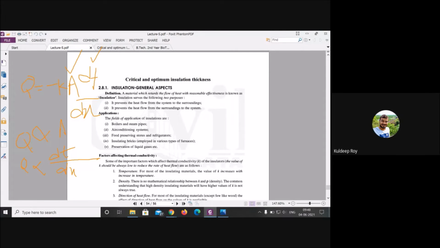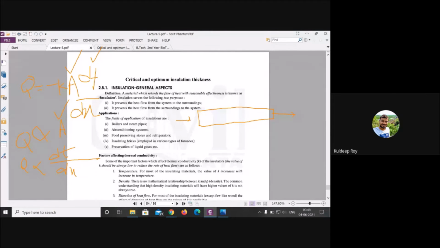And you got two things: your heat flow depends on the area and delta T by delta x. Now, if you increase the area, if there is some kind of wire and electricity is flowing, like your cable wire, current is flowing through this cable, and definitely if the current flows, there will be some generation of heat, and you want to coat this particular thickness.